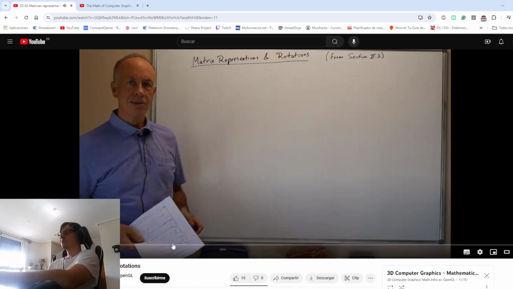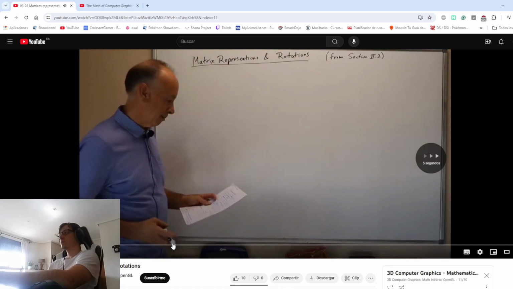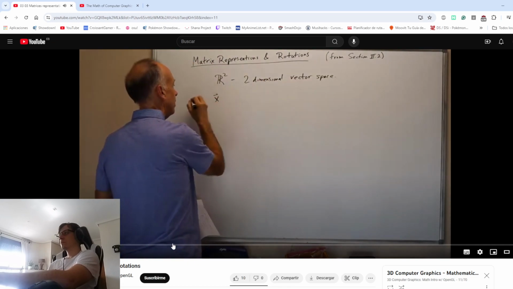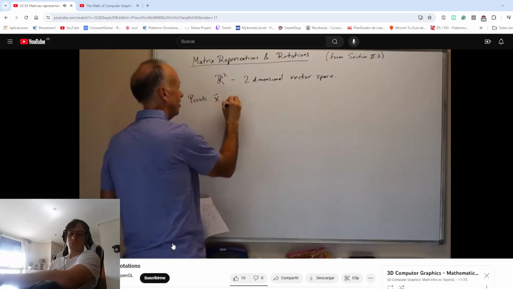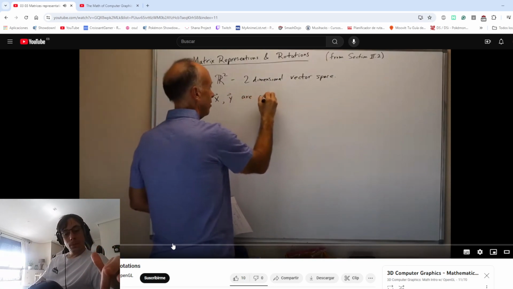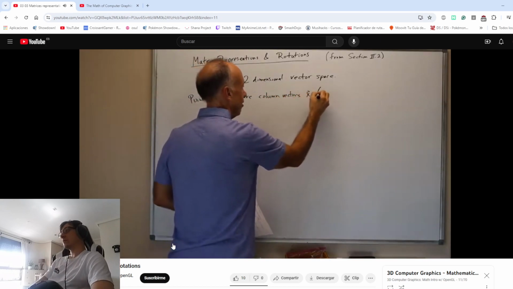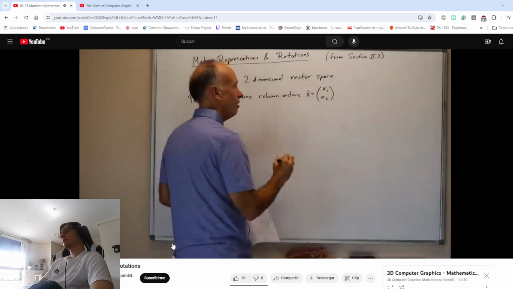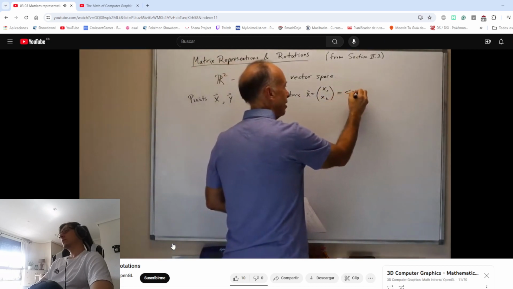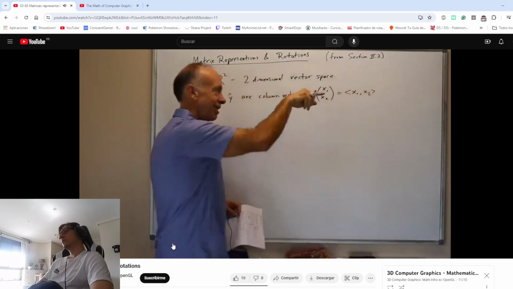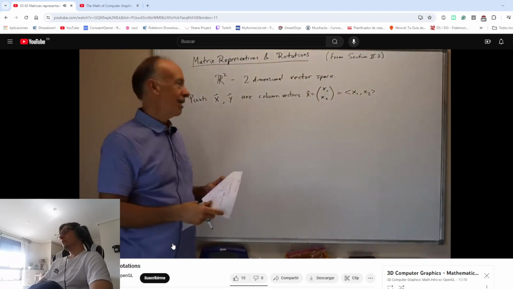For linear, and to a lesser extent for affine, that fits into the picture. We denote x or y with vector signs over them as column vectors, members of this two-dimensional vector space. So we might have x as the column vector x1, x2, and we also use notation with angle brackets, angle bracket x1, x2. Although it's written as a row, with the angle brackets there, what I'm signaling is that I really mean it to be a column vector.